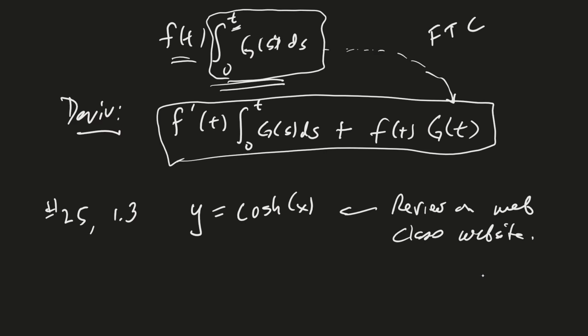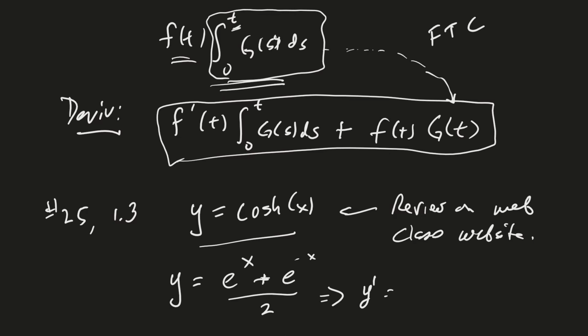What you can do is if you want to work with the hyperbolic cosine, go ahead and rewrite it. It can be written in terms of the exponential function. Okay, and so if y is equal to this, then we can write y prime pretty easily.